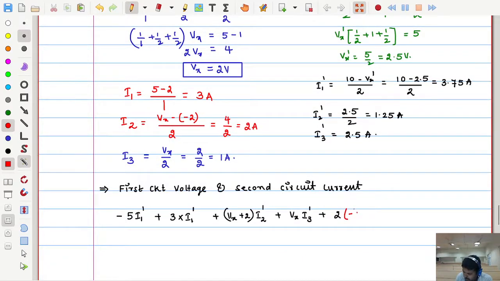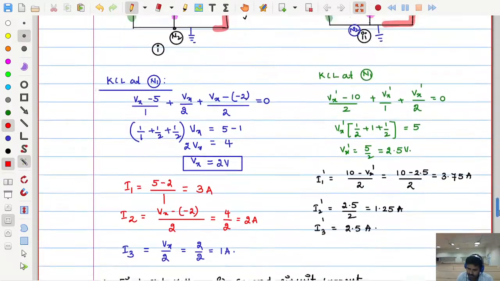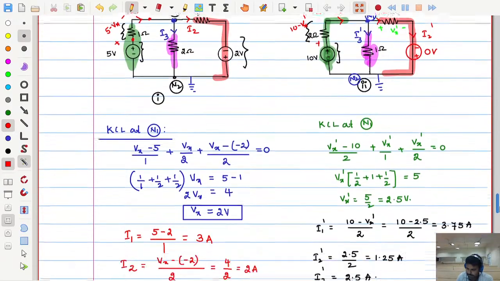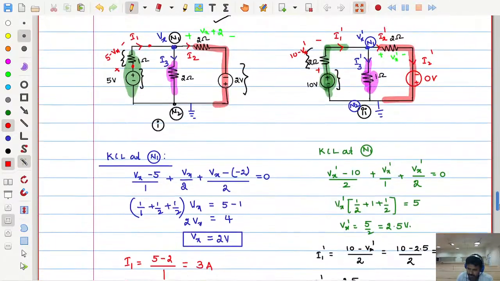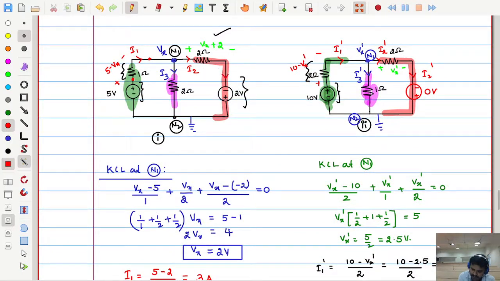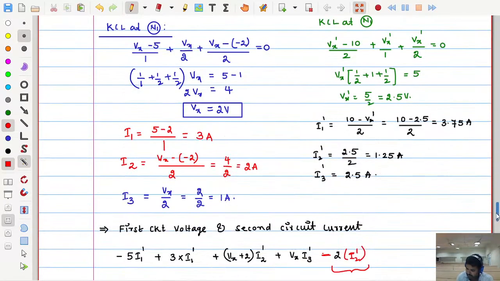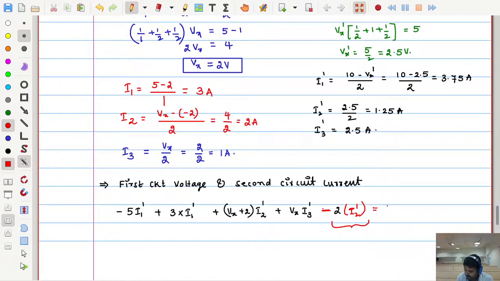But what is the polarity? This one negative. This term you should write very carefully. So I hope all the branches are completed. So 2 into this current, entering at the negative terminal, so I took the power to be negative, equal to 0, or we will check whether it is 0 or not.